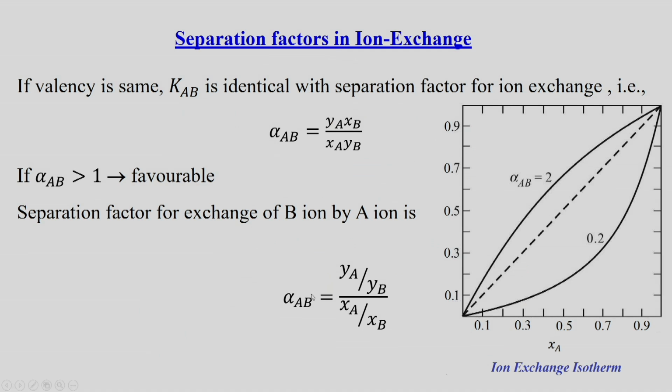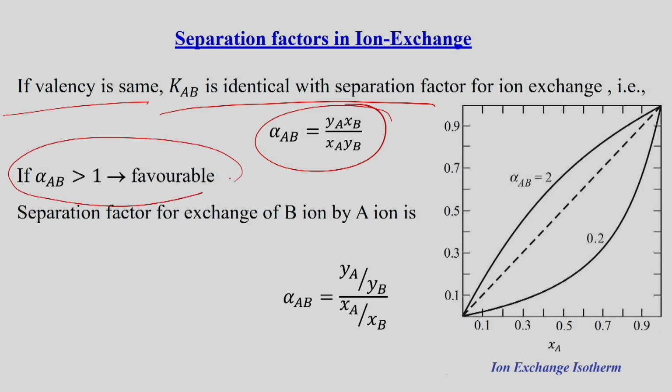And the separation factor in ion exchange may or may not be favorable. If the valency is the same for both A and B, like a single cation and single anion, or binary cation and binary anion, then K B will be identical with the separation factor alpha A B, equal to Y A into X B by X A into Y B. If the process is favorable, then alpha A B will always be greater than 1, like alpha A B equal to 2.